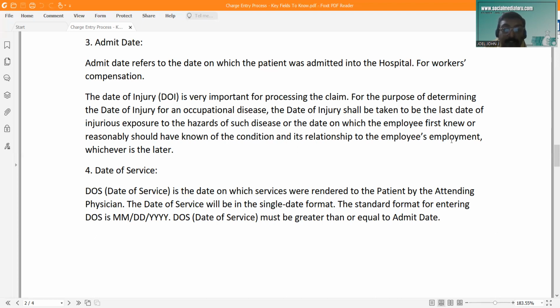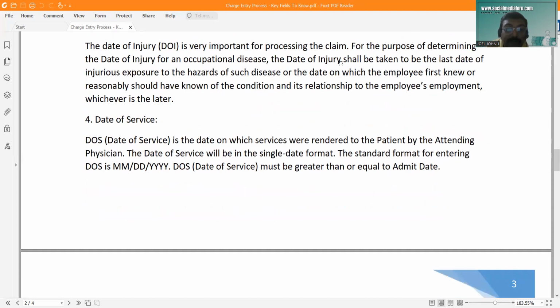Okay, so it's when they know that they are suffering from some occupational disease, or when they reasonably find out this condition is because of the occupation. So this is called the date of injury for claims regarding occupational diseases. And also if it's an accident or something, the date on which the accident happened will be the date of injury.